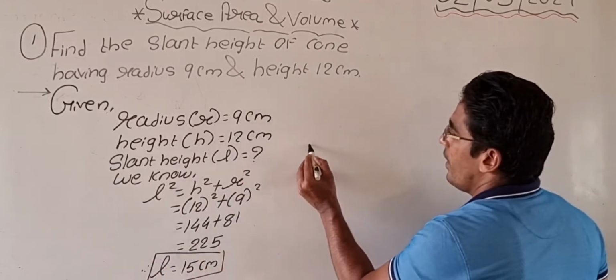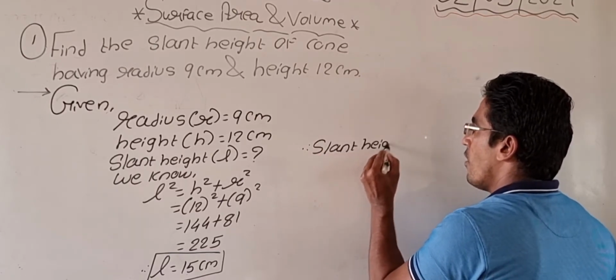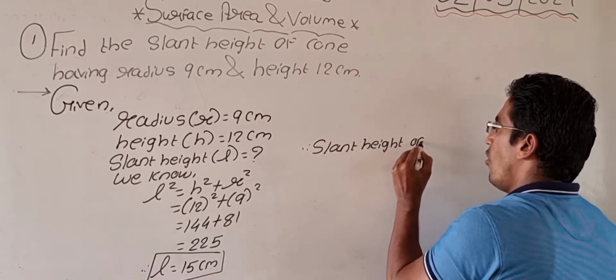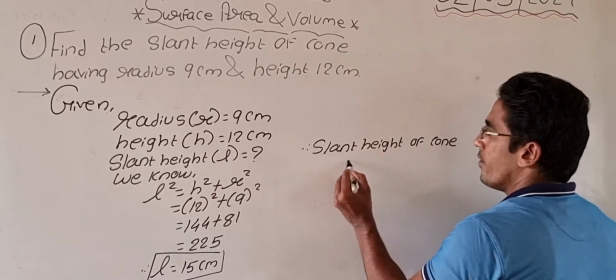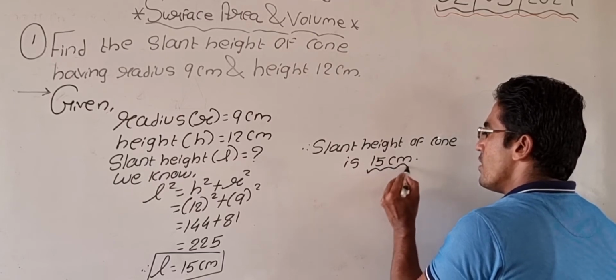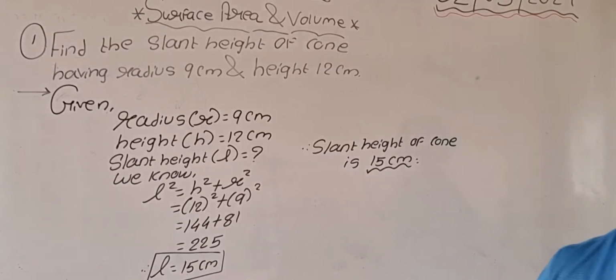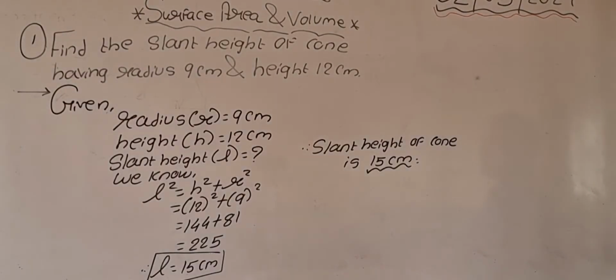Therefore, the slant height of the cone is 15 centimeter. Such sums can be asked for 1 mark. We only have to use the formula l square is equal to h square plus r square.